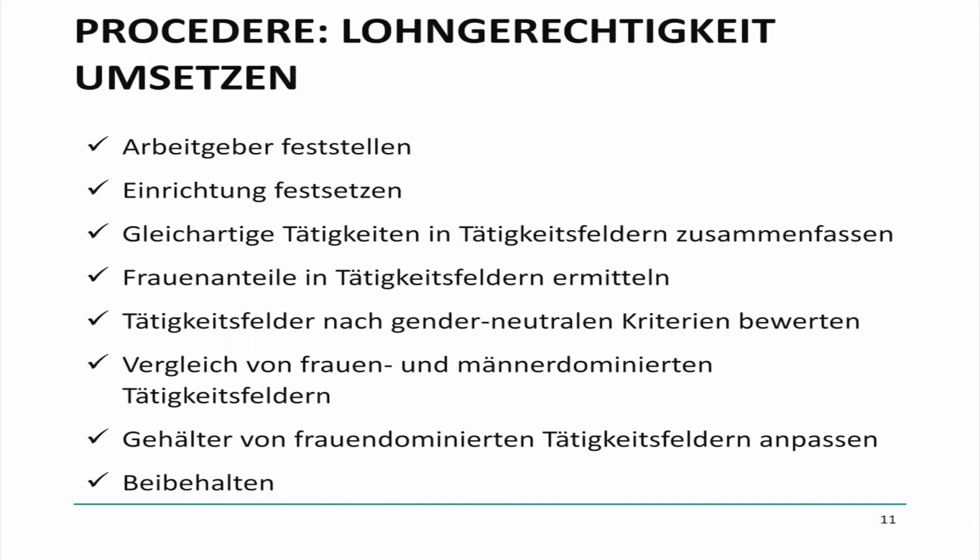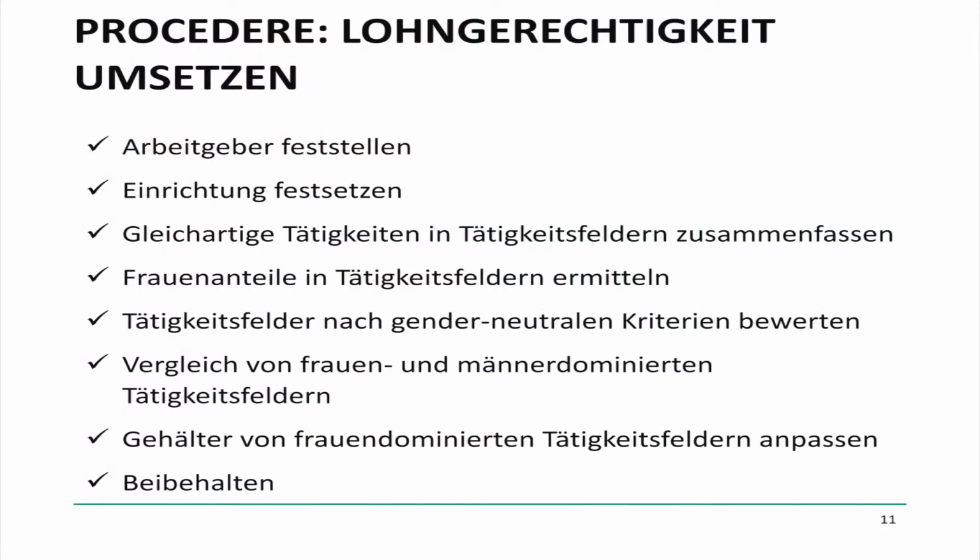So the steps are a little bit complicated because you have to determine who is the employer. You have to look at the corporate structure to see who is going to be liable for doing pay equity. You must determine what the establishment is.